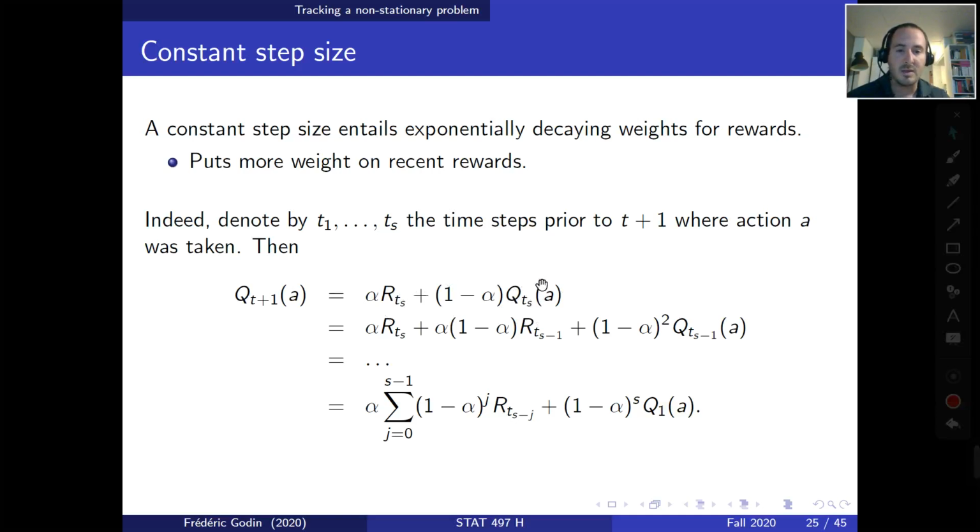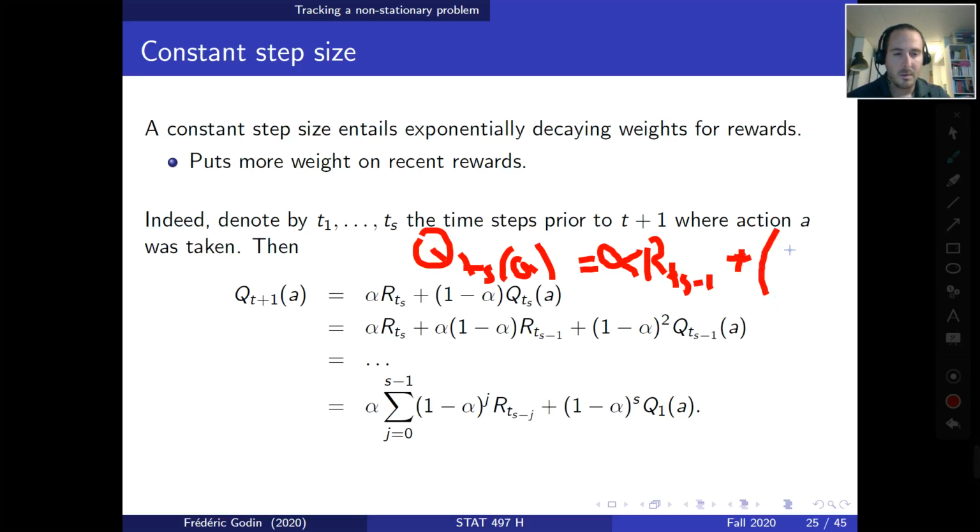So this Q_ts(a), let's write it, this is an S here, is equal to alpha R_ts-1 plus 1 minus alpha Q_ts-1(a).